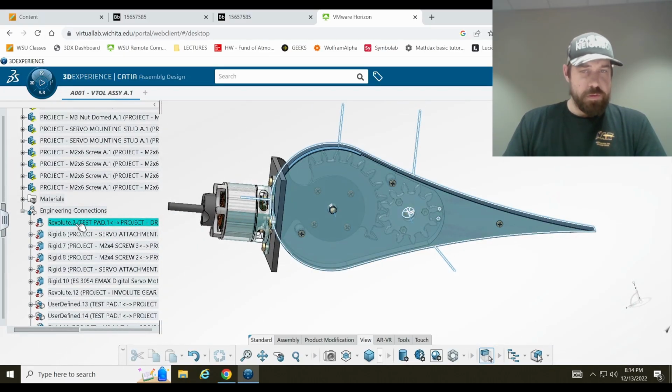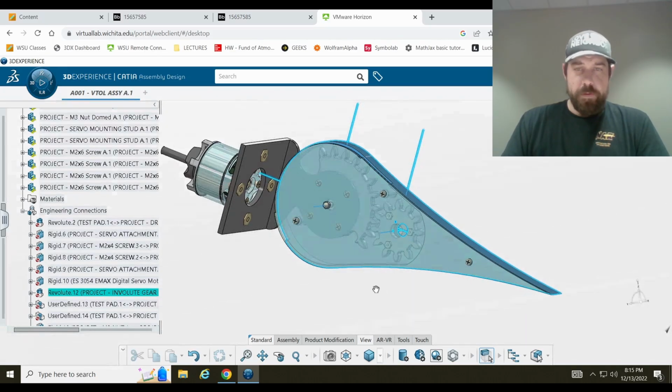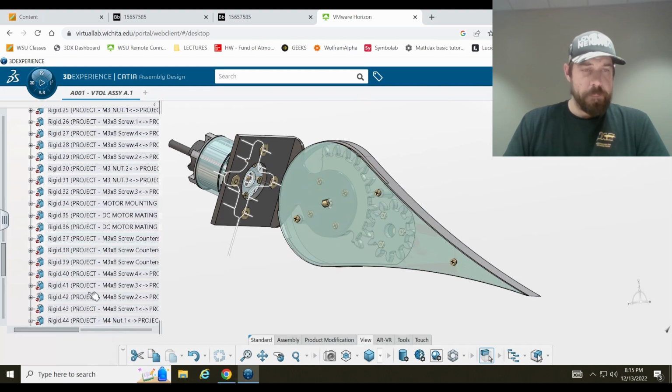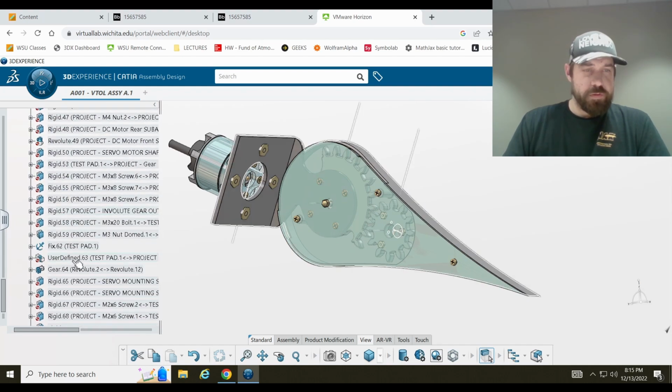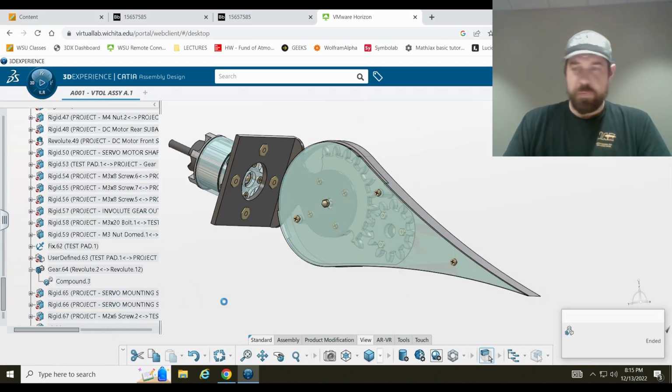We will take this Revolute connection, which is between the drive gear and the housing, and this Revolute connection, which is between the output gear and the housing. And those are the two connections that we use to define our gear connection, which is down here. Here's the compound connection.